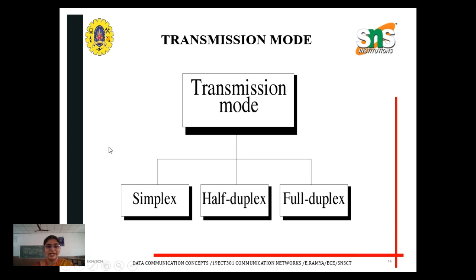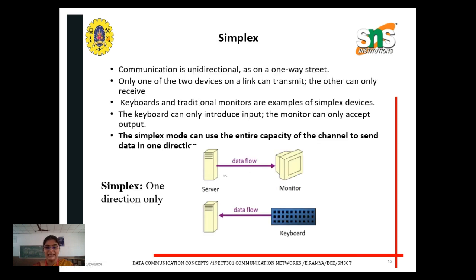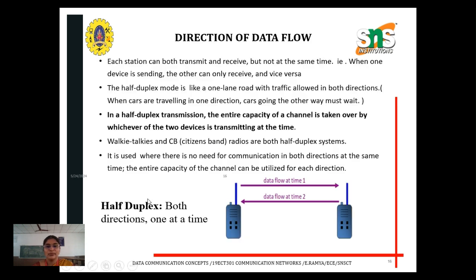Let's discuss one by one. What is meant by simplex? The simplex mode can use the entire capacity of the channel to send data in one direction. Here in simplex communication, data is sent in only one direction, from server to monitor. Next, the direction of the data flow. We have half duplex, both directions.